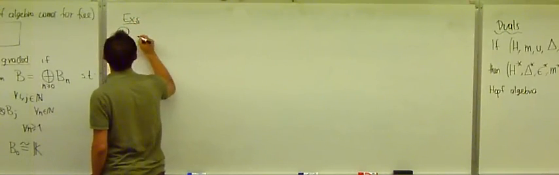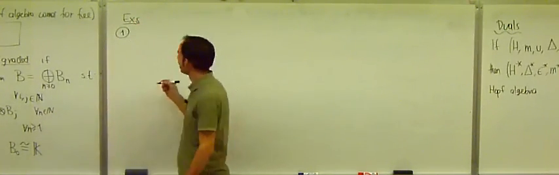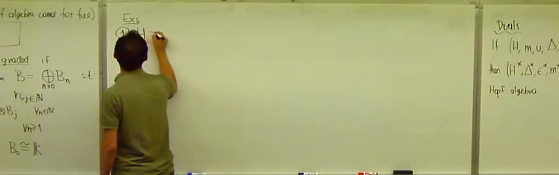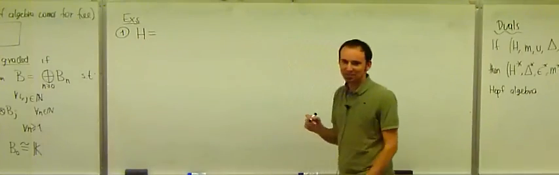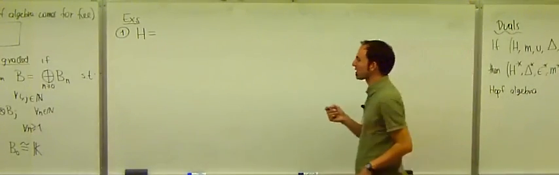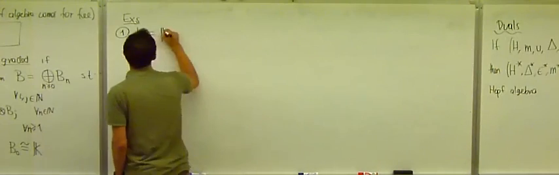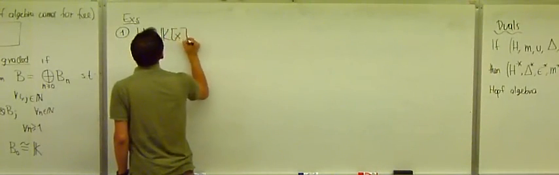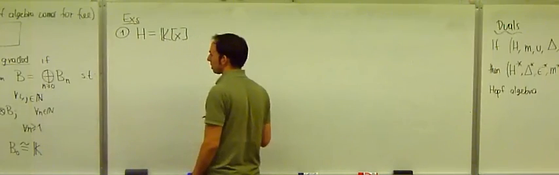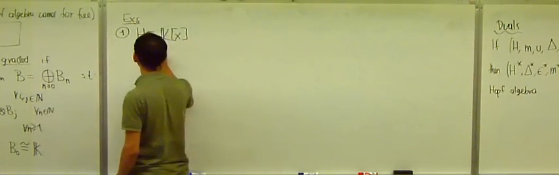First example. What's the first example? Polynomials in one variable. If we're not too ambitious, polynomials in one variable. So let's check the conditions.